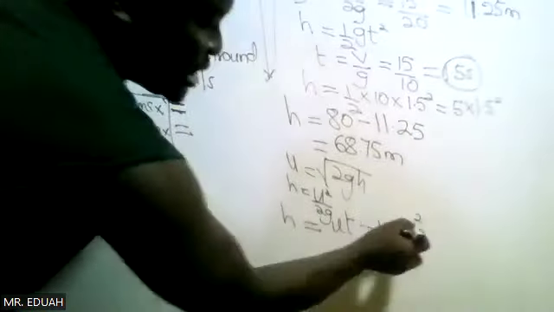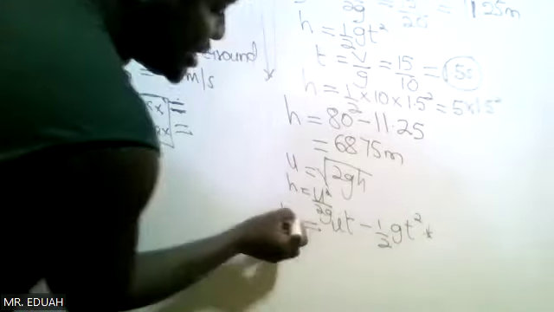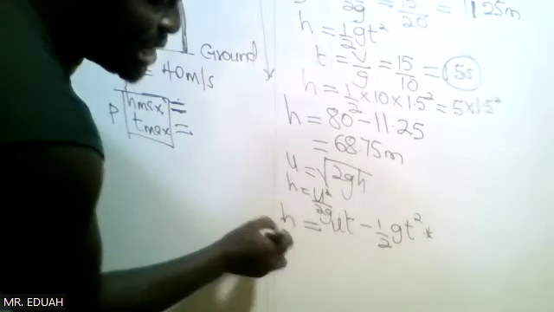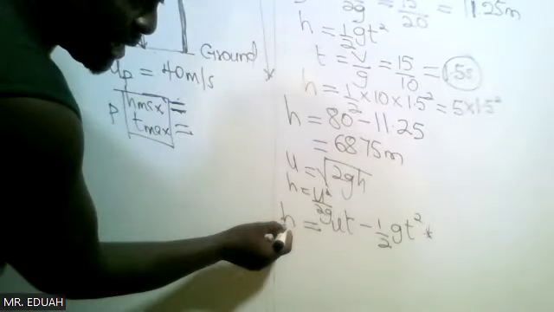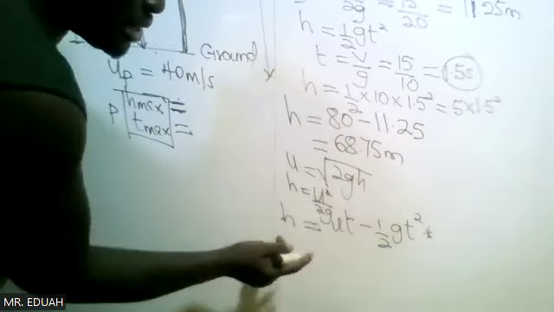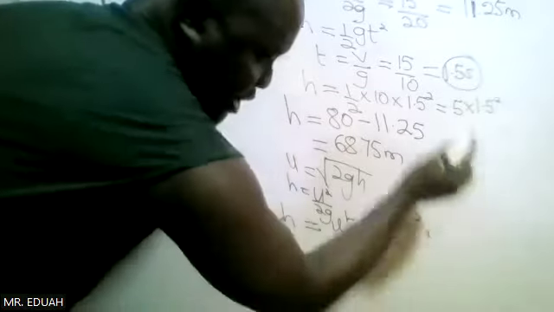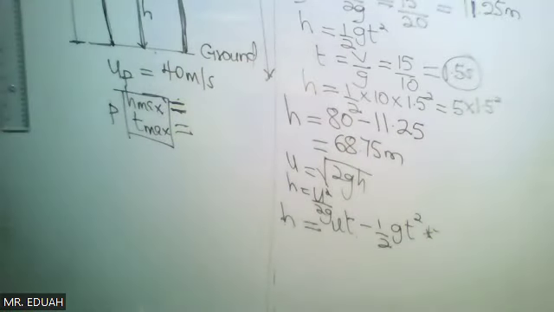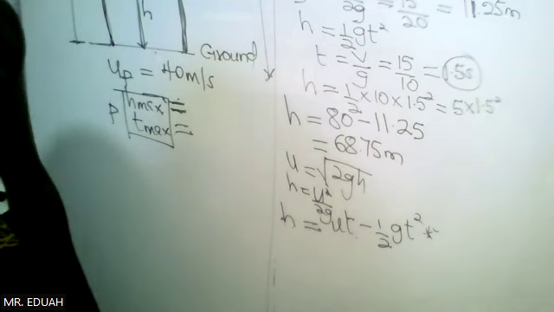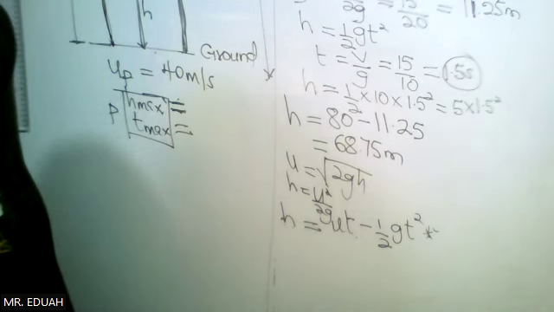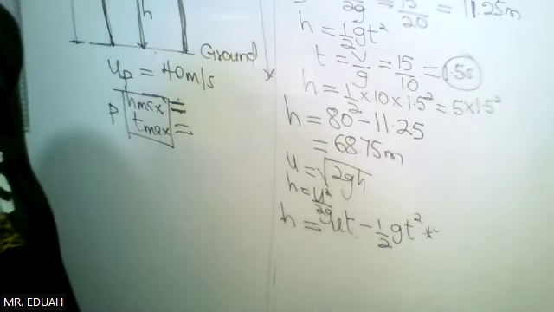So this is the relation to use in determining U once you don't know the maximum height. If you have the maximum height, then the other formula will help you. Please, are you okay? No, please.